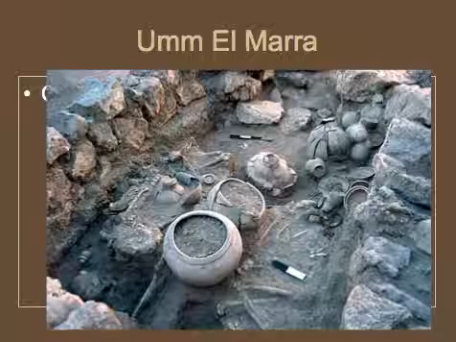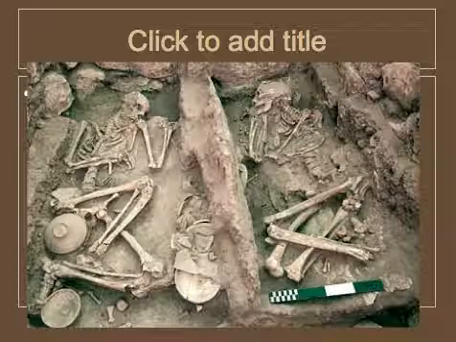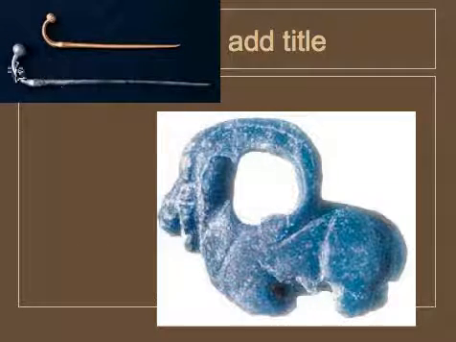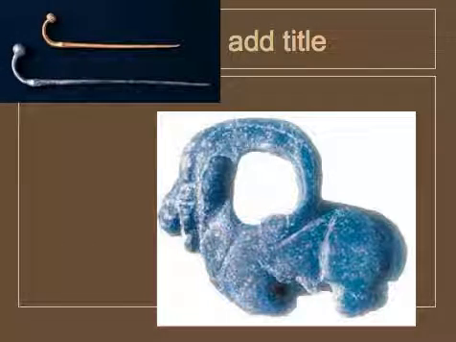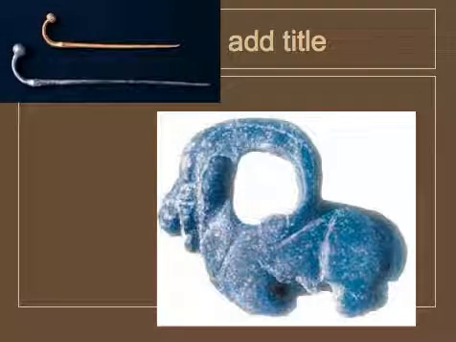These are some of the things that can indicate to you high investment or low investment. So you can see some of those in Syria. Some of these graves had luxury goods, so lapis lazuli, bronze and gold pins. Lapis lazuli is a blue stone that comes from Afghanistan.